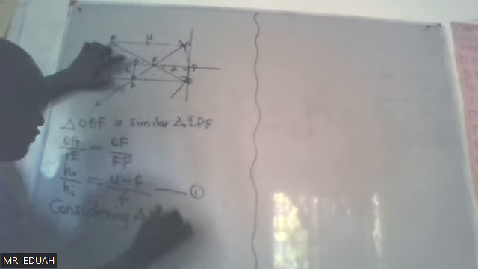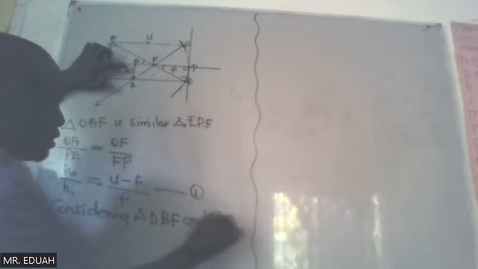Let's identify another similar triangle. So this time I'll consider triangle DBF and triangle FJP. This is a scaled up version of this. And these interior angles are equal.